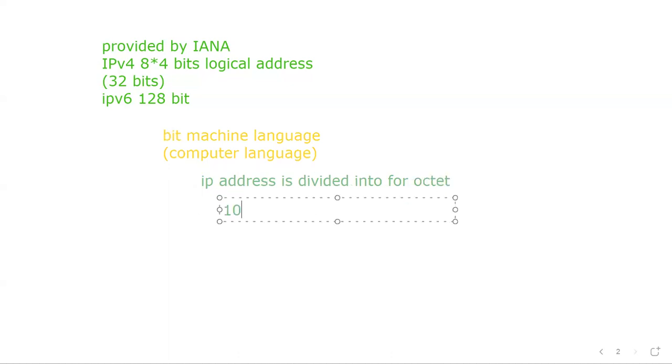Just it is our IP address 103.106.5.127. Okay, this is our first octet. This is our second octet. This is our third octet. This is our fourth octet. Okay.